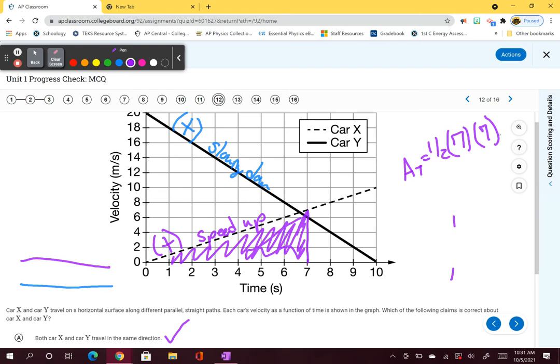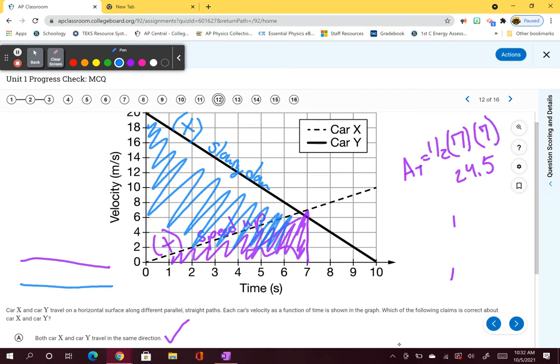So 7 times 7 divided by 2, you get about 24.5.